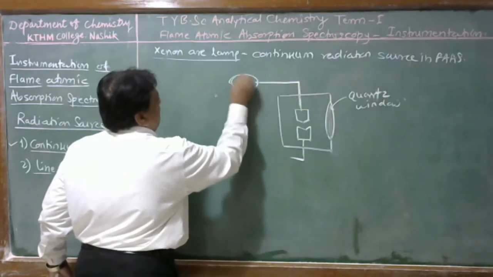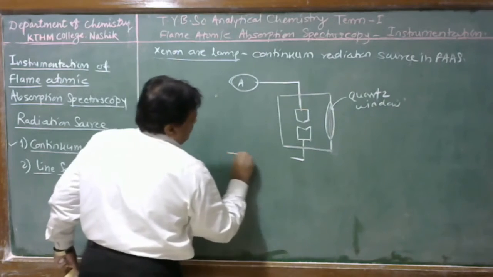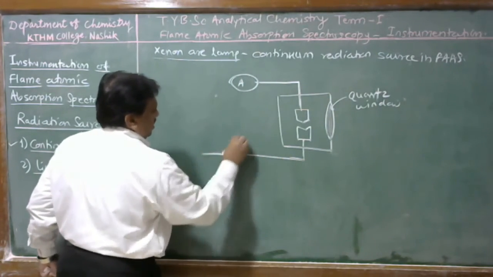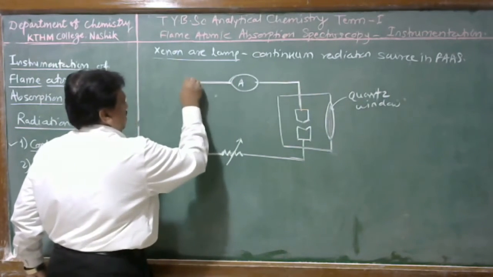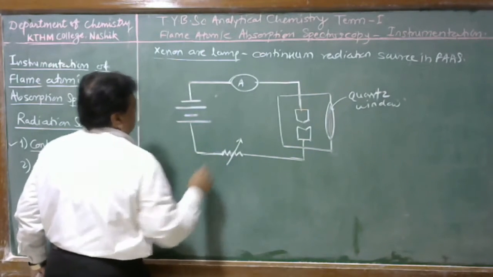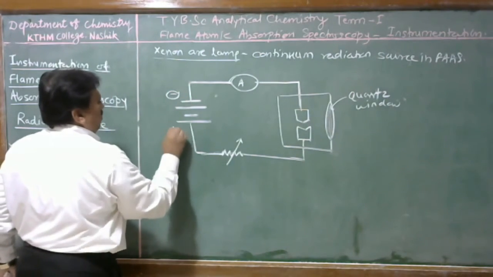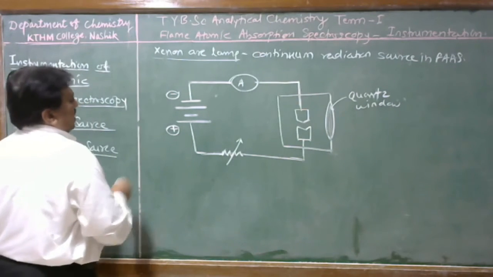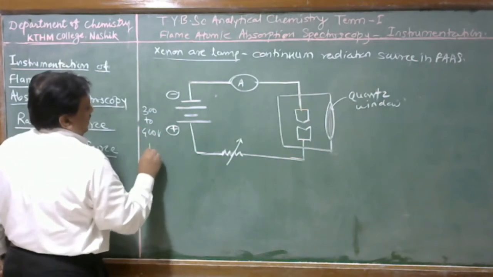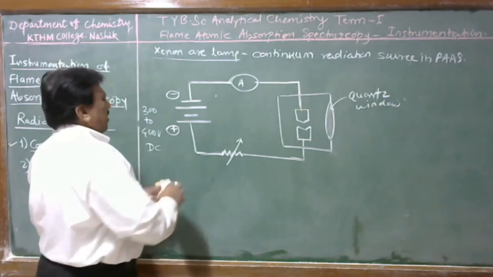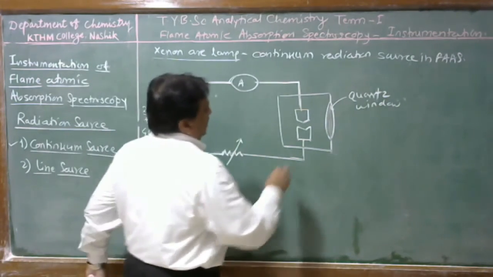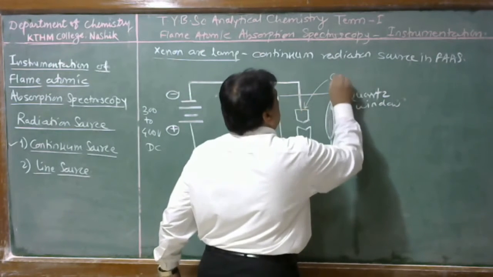These two electrodes are connected to a very high DC potential, negative and positive. About 300 to 400 volt DC potential is applied across these two graphite electrodes.